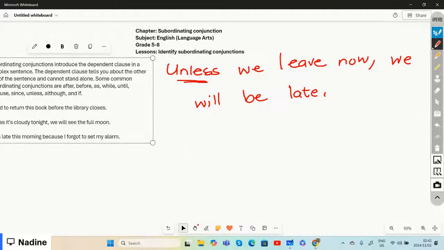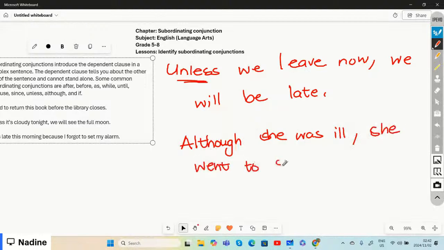All right, if we look at another one, it says, oh, this one is similar to the one that one of you did, which is, although she was ill, she went to school. Although she was ill, she went to school. What is our subordinating conjunction within that sentence?